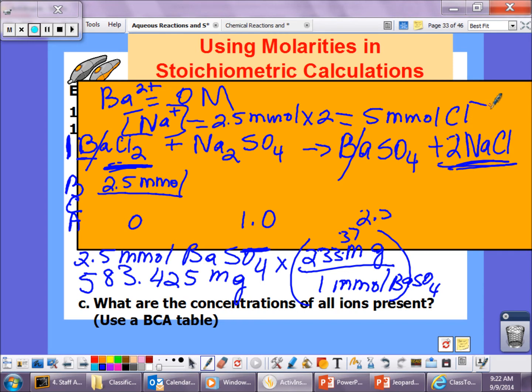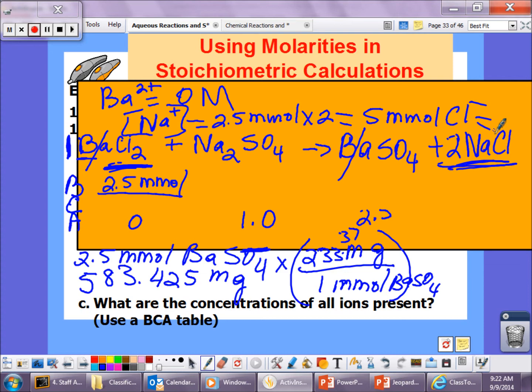chloride. But they ask me for concentration, molarity. Okay, did we have 10 ml of barium chloride and 10 ml of sodium sulfate? That gives a total volume of 20 ml. So you should always remember to divide by the total volume, because that chloride ion is in that total volume.